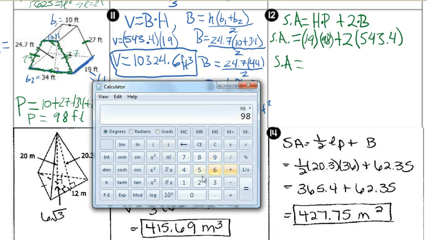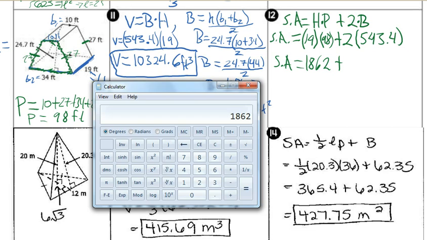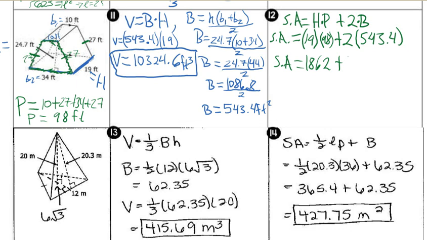98 times 19, 1862. 1862 plus 2 times 543.4. 1086.8.